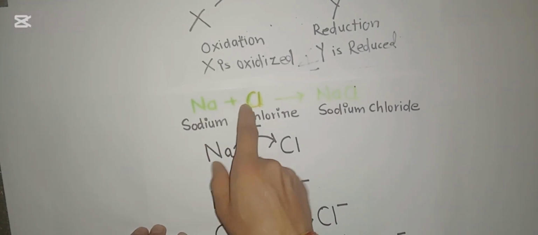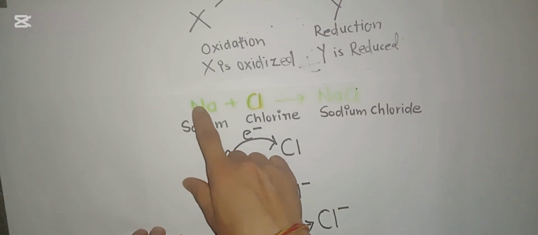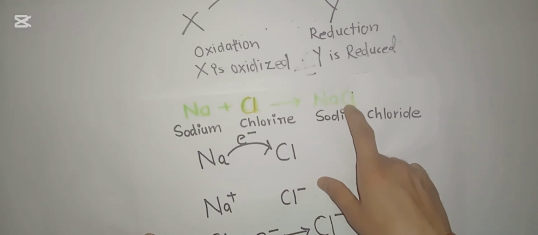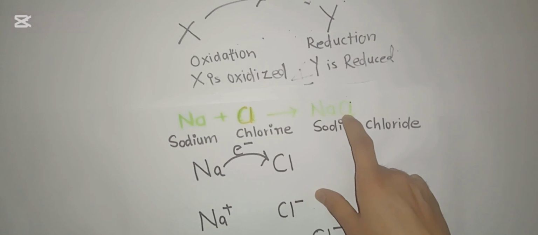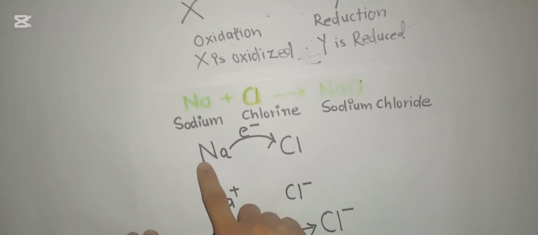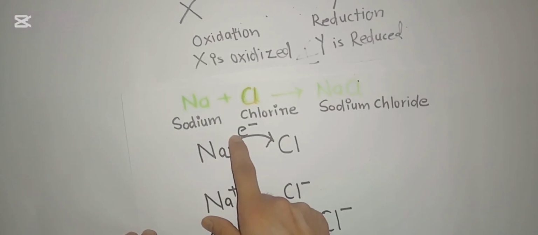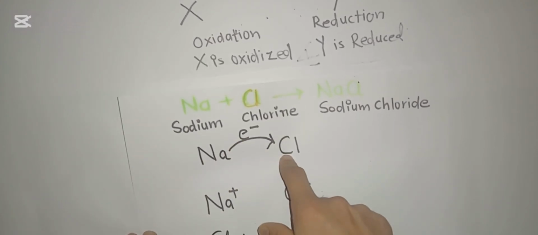So let us consider a general reaction. Sodium reacts with chlorine to form sodium chloride. Here, sodium loses one electron from its outermost shell to chlorine.